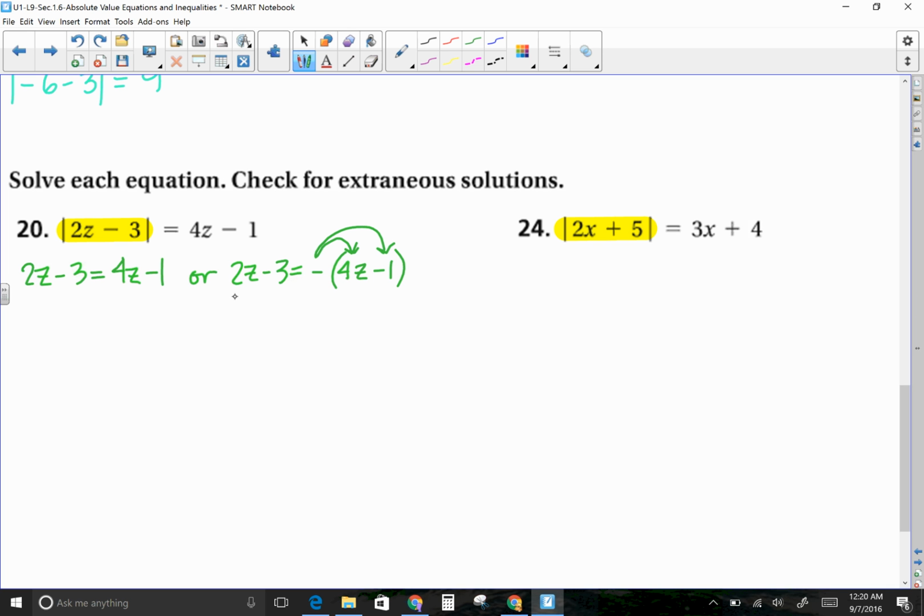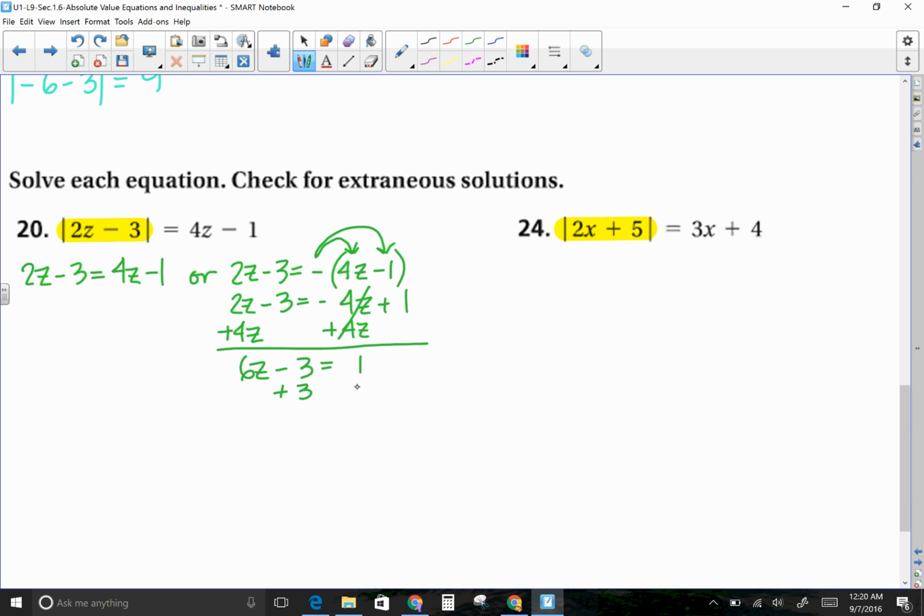So if I continue, 2z minus 3 equals negative 4z plus 1. And then I'm going to add 4z to both sides. I always combine the variables on the side that'll make them positive because I don't want to deal with negative variables. So that gives me 6z minus 3 is equal to 1.